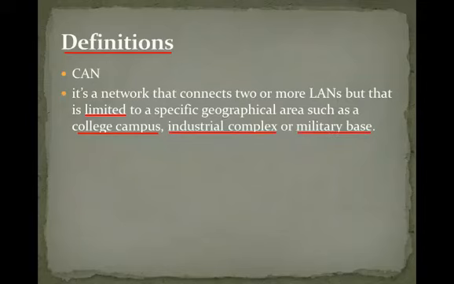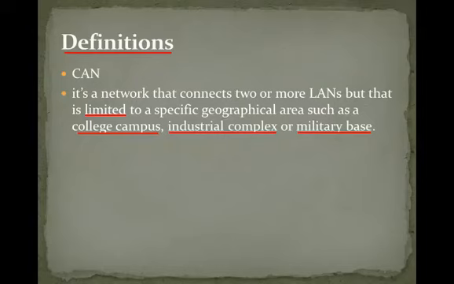Now, here it shows that there are several local area networks within different buildings, of which these local area networks, which are several distributed in several buildings, are connected. Those local area networks are also connected to form a campus area network.